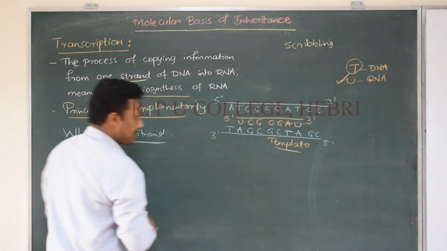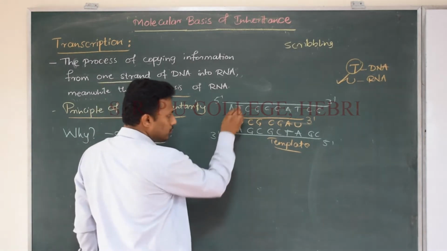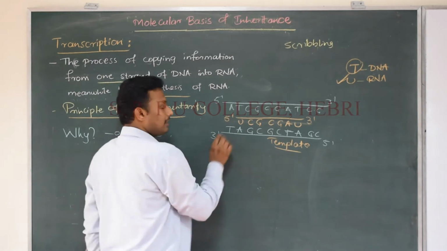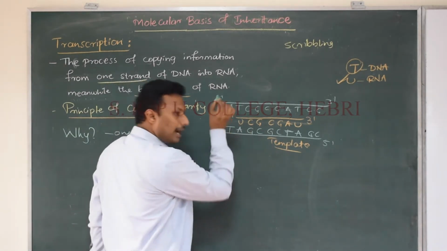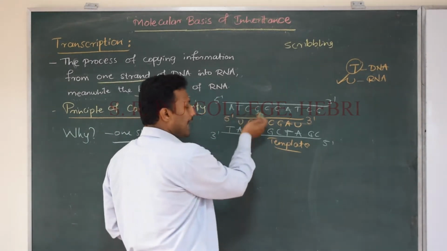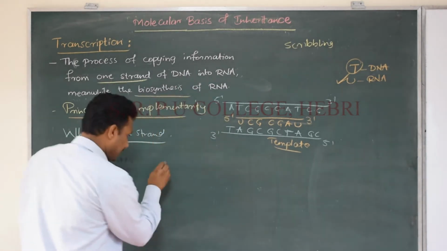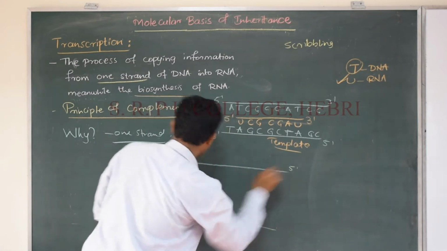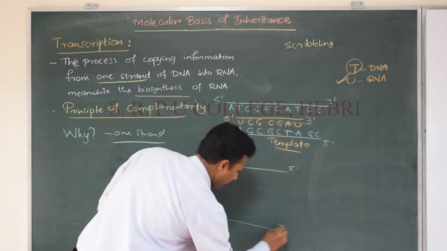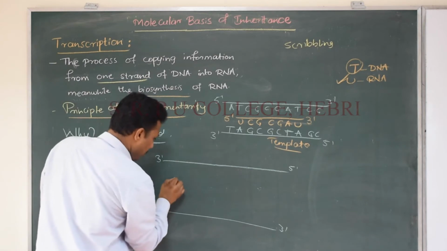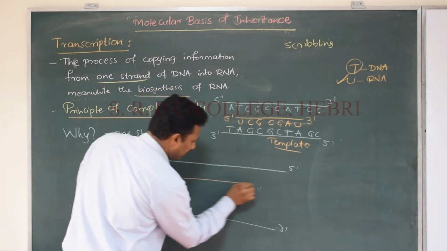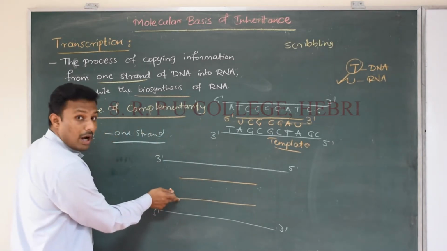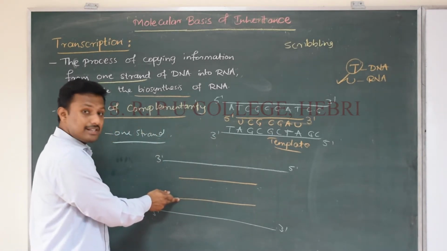See, what happens here is that now you know that these two are complementary strands of the DNA. Yes or no? And if this is producing one RNA molecule and this is producing another RNA molecule, okay, I'm going to draw it here. See, these two are the DNA strands. This produces one complementary strand here and this produces one complementary strand here. Imagine these two are newly synthesized RNA molecules.